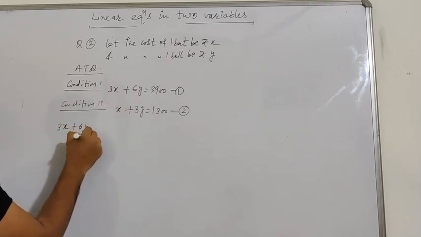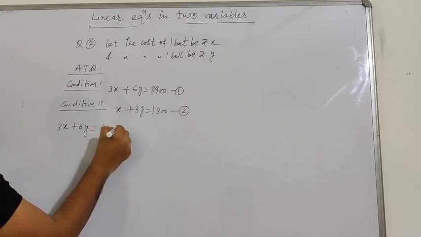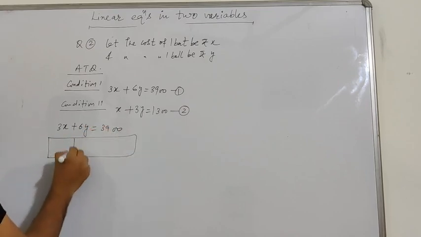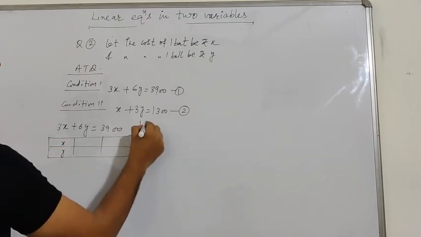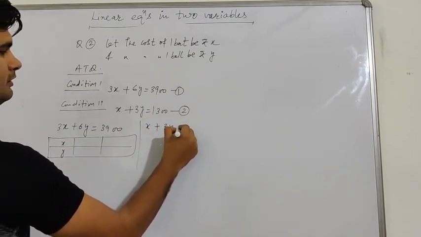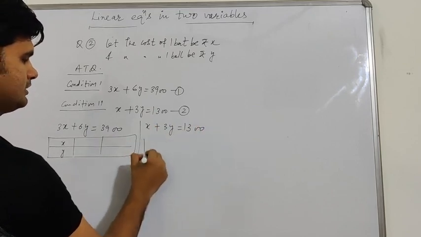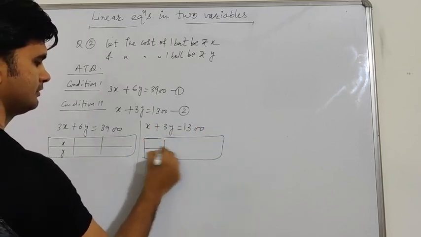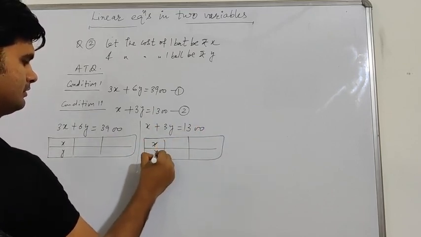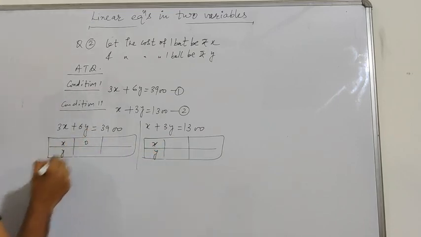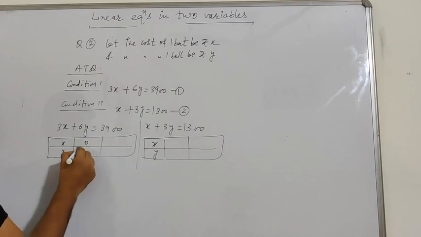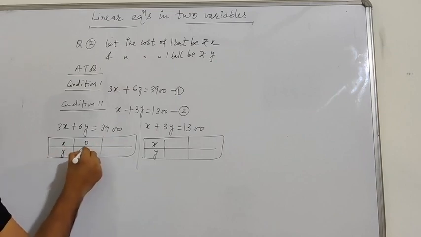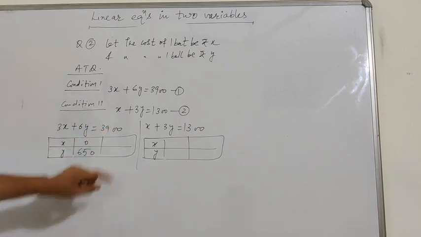Now how can we represent it graphically? Here we will find two different values of x and y for this second equation also. Put x is equal to 0, then y is 650.